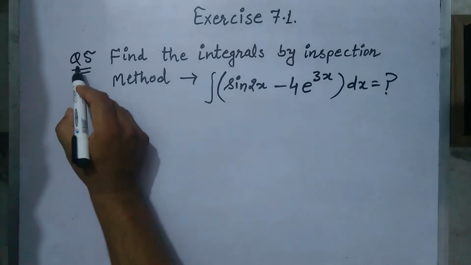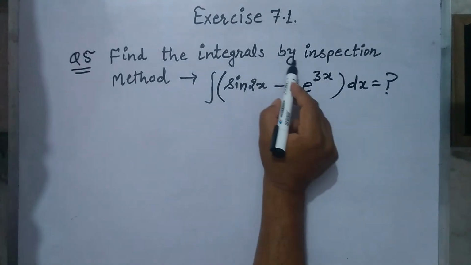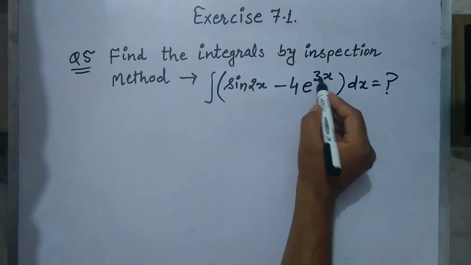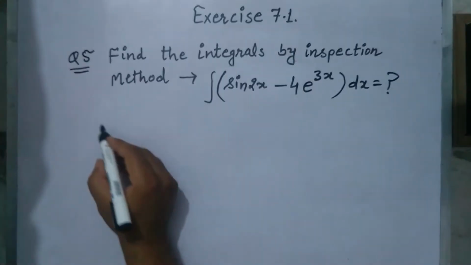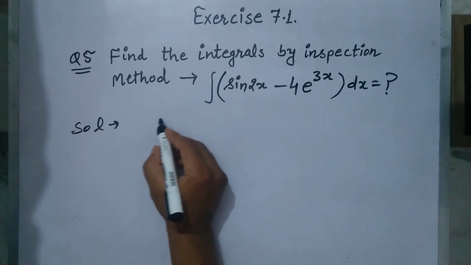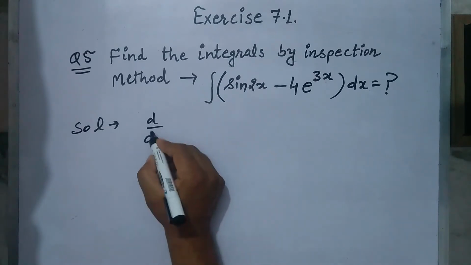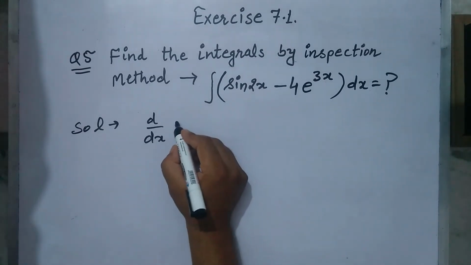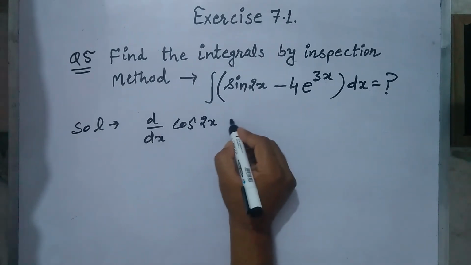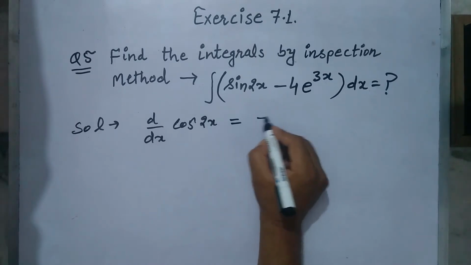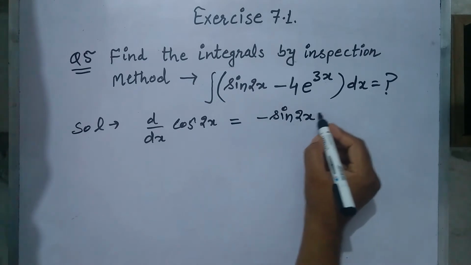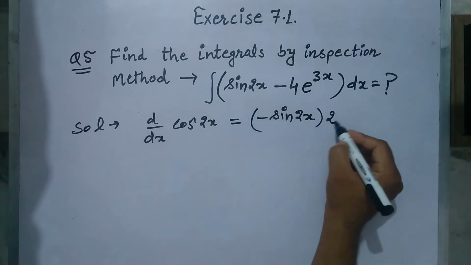Next question number 5. Find the integral of sin 2x minus 4 times e raised to power 3x dx by inspection method. So first of all, about this sin 2x, we know that derivative of cos of 2x is equal to minus sin of 2x into 2.